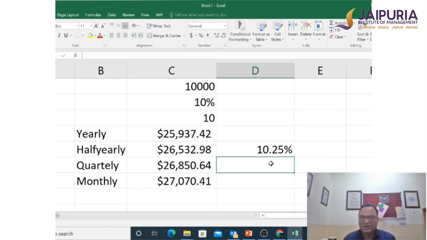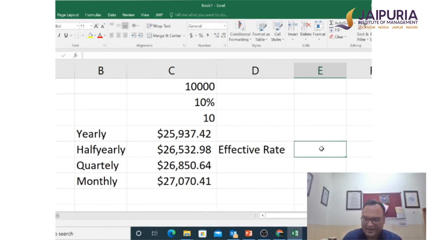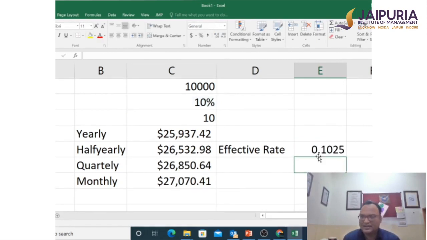So nominal rate is what? It is 10% compounding half yearly. However, this is referred to as an effective rate. So let me just put this effective rate I am computing. Effective rate I'll again recalculate, which is effect. The nominal rate is 10% and compounding is happening twice, and therefore the effective rate is 10.25%.